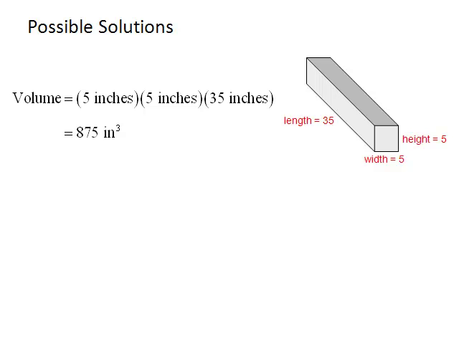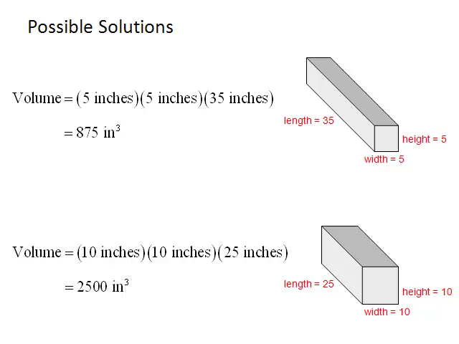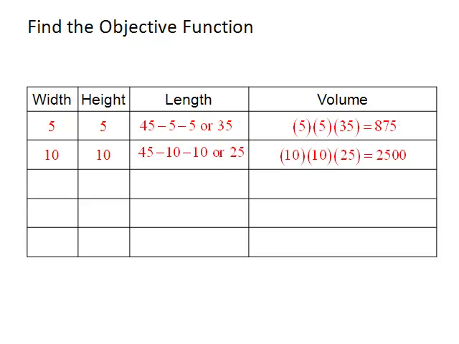A bag that is 5 by 5 by 35 inches has a volume of 875 cubic inches. A bag that is 10 inches by 10 inches by 25 inches has a volume of 2,500 cubic inches. These two examples are entered into a table with column titles width, height, length, and the corresponding volume.